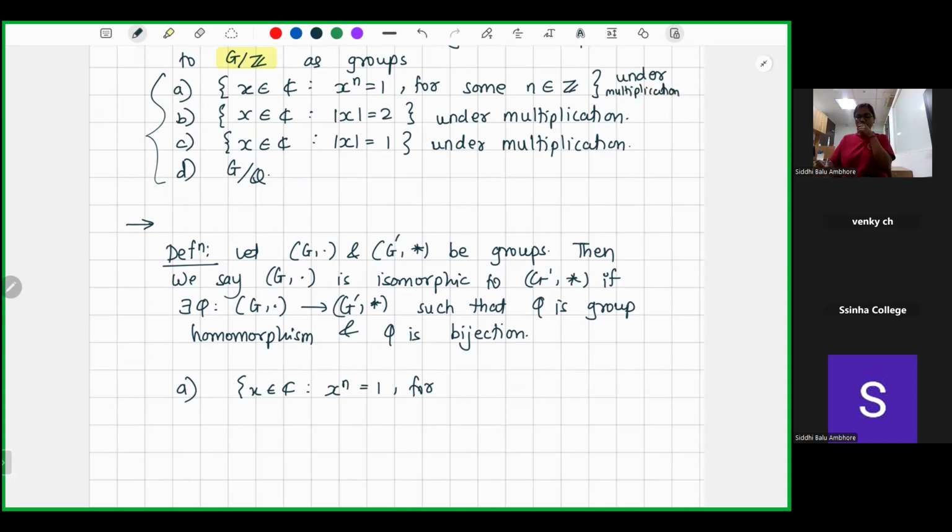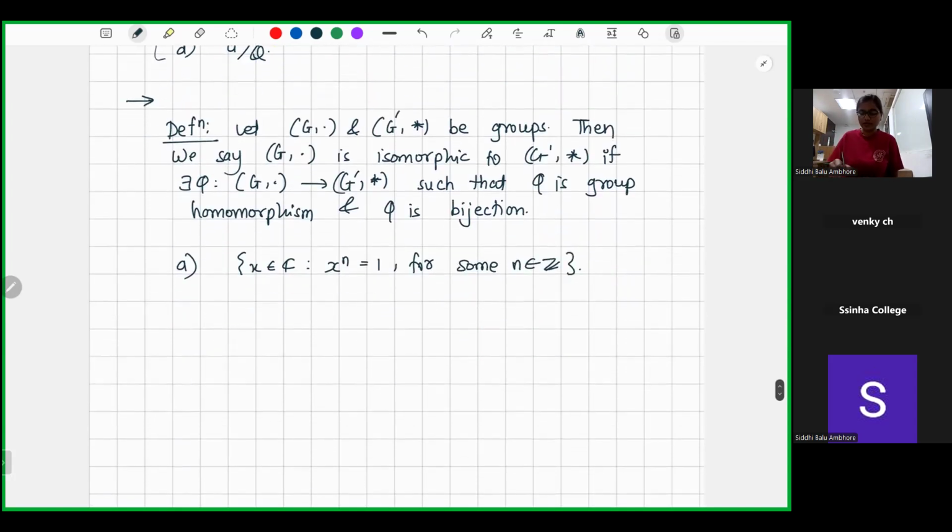How can you say that it is isomorphic? Someone in the chat said that it is isomorphic to G quotiented by Z. So what is a group isomorphism? If at all it is, then what is your group isomorphism from here to this set? Let us call this A.